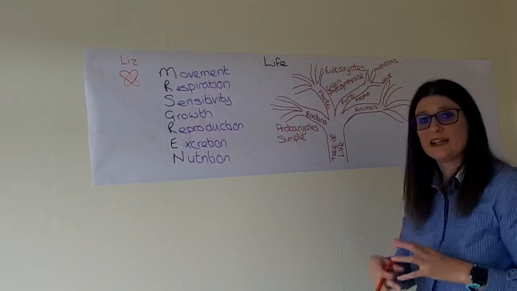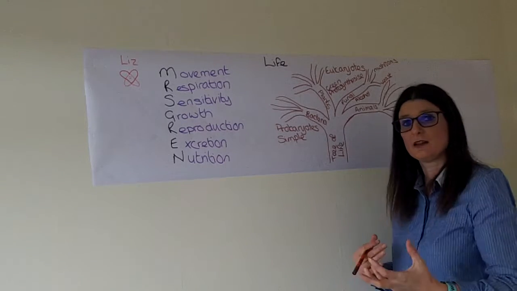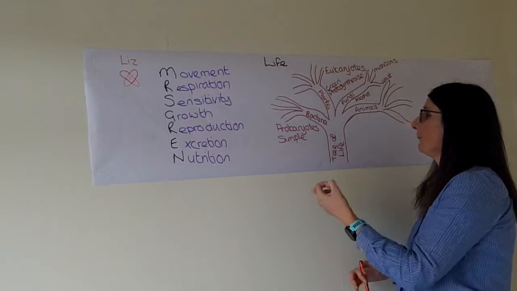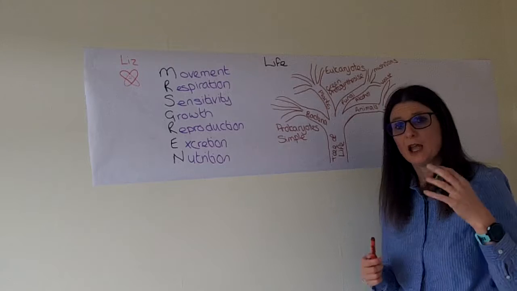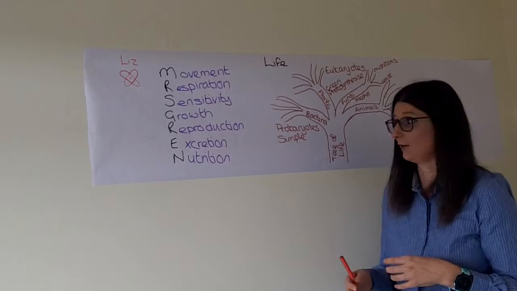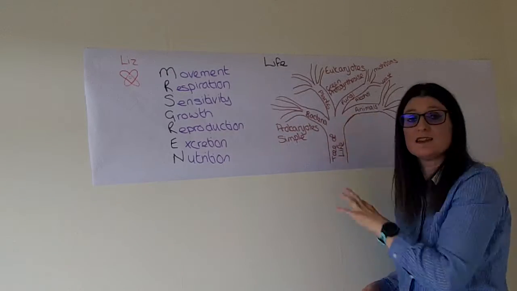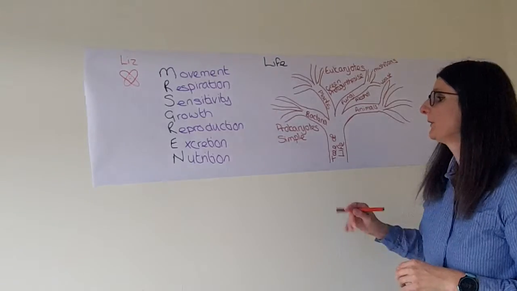So fungi are more closely related to animals in some respect than they are to plants, but then there's other aspects of them that are more closely related to plants. And we're going to go into a bit more cellular biology and discuss how these different kinds of cells work another time.